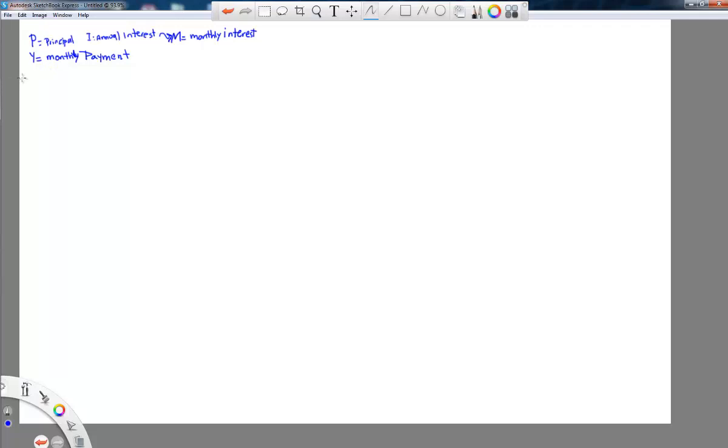Now, two things happen every month that you pay. First off, the amount that you took out effectively accrues some monthly interest. So that monthly interest will be added to it, and then from that amount, the monthly payment that you pay is going to be subtracted.